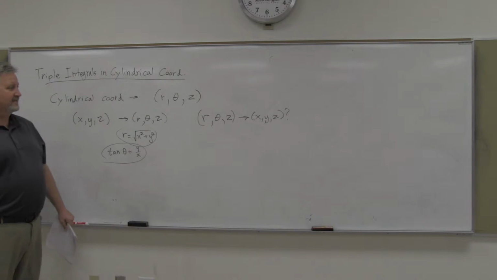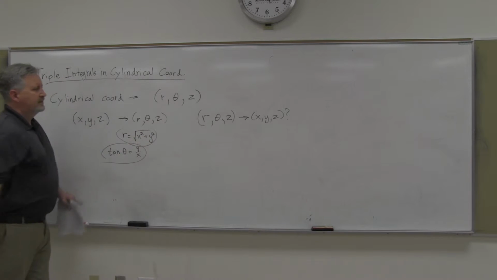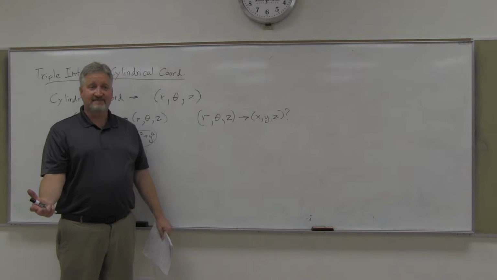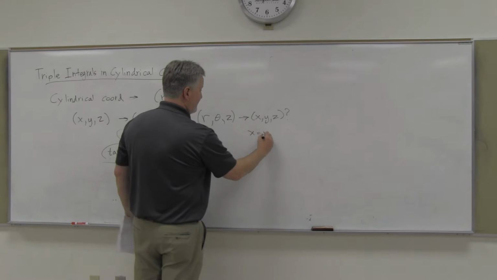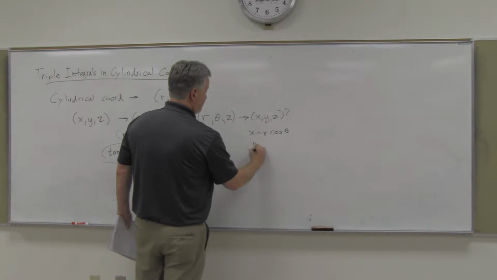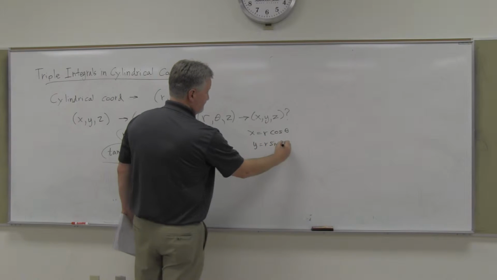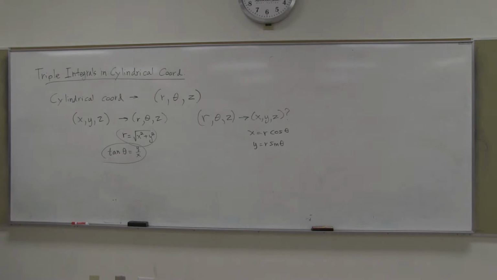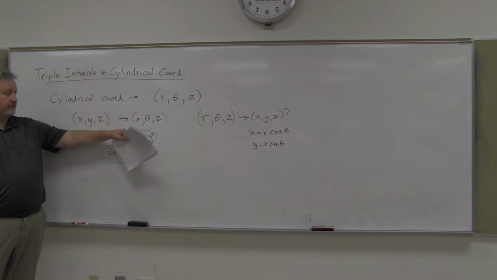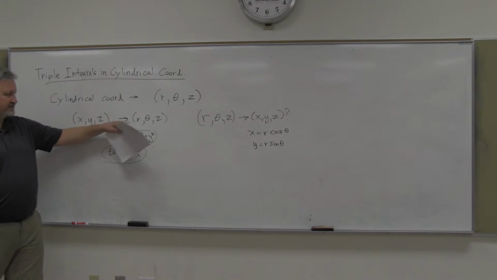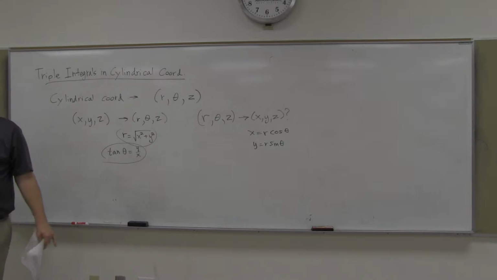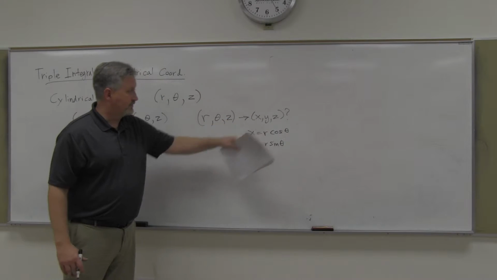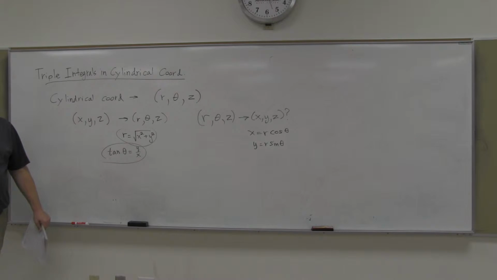And x is r cosine theta, y is r sine theta. To convert from Cartesian to cylindrical, use the same thing you did for polar, and to go from cylindrical to Cartesian, same thing you did for polar.